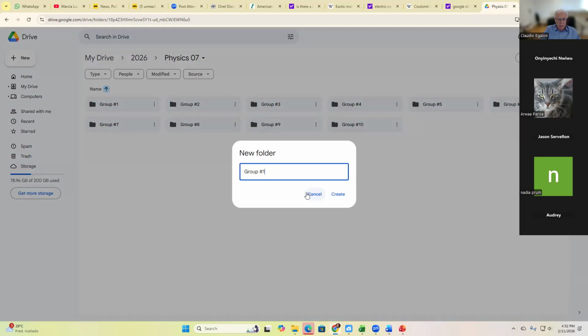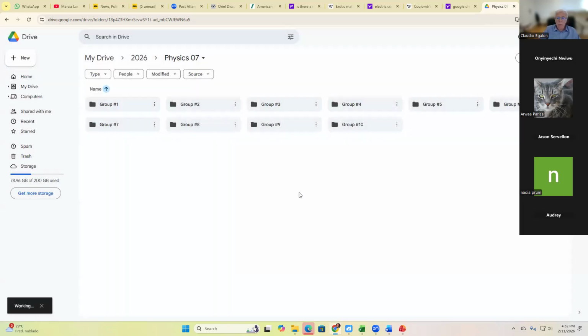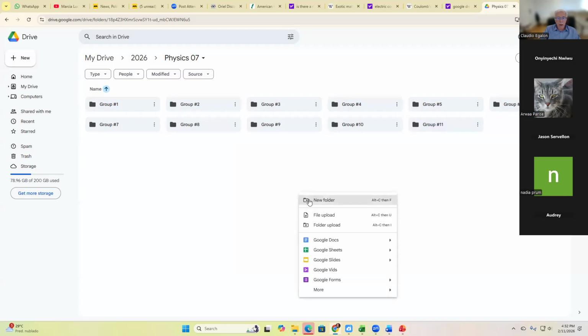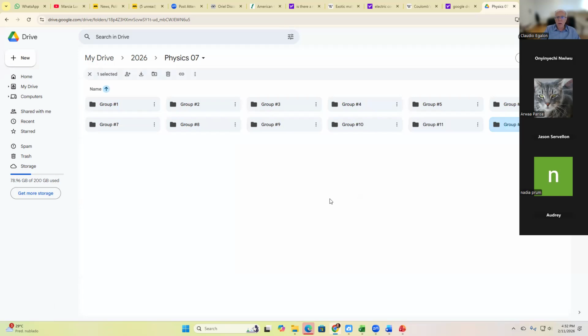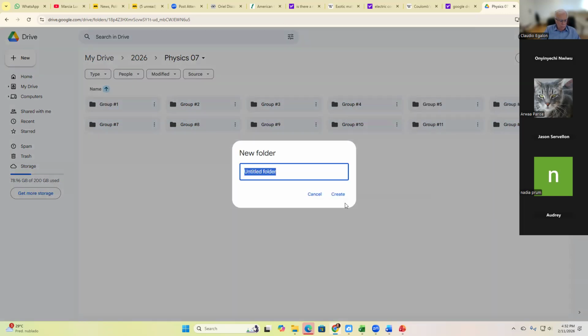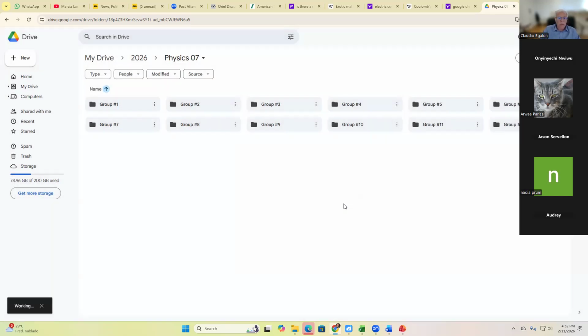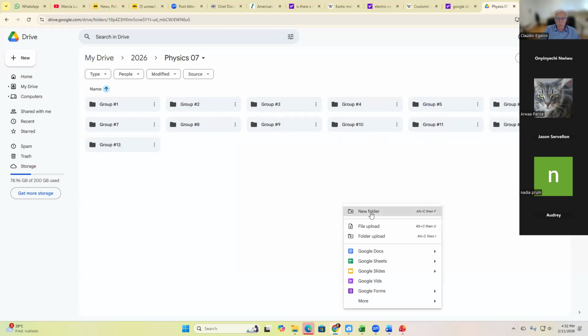So the way it's going to be is the following, folks. Every lab, you will be provided a spreadsheet, and you will work on this spreadsheet. The spreadsheet is going to be different for each group.